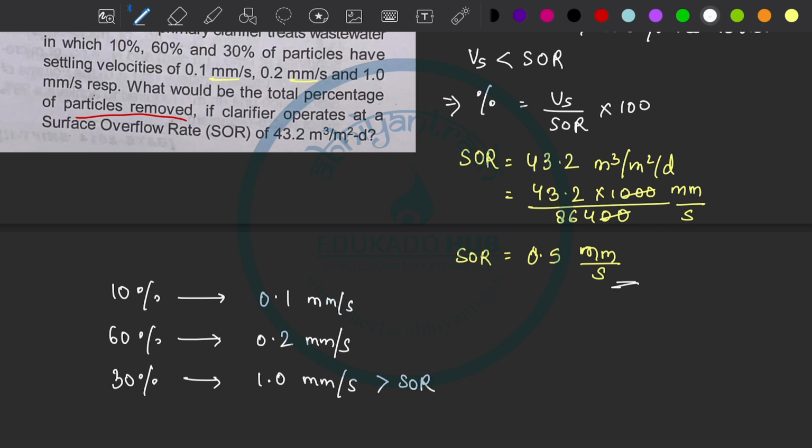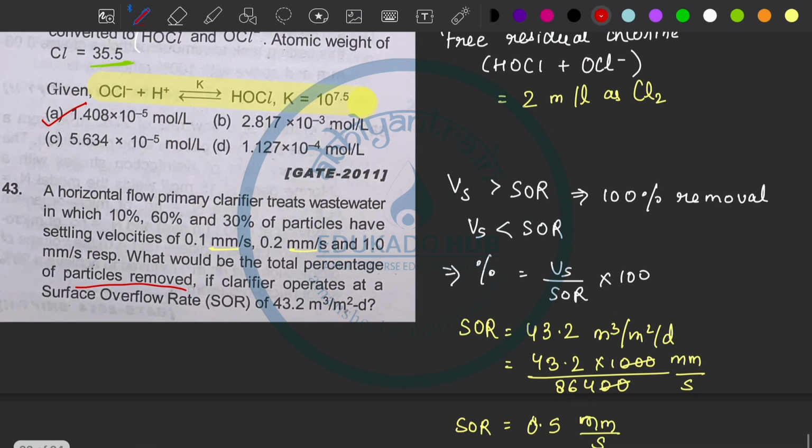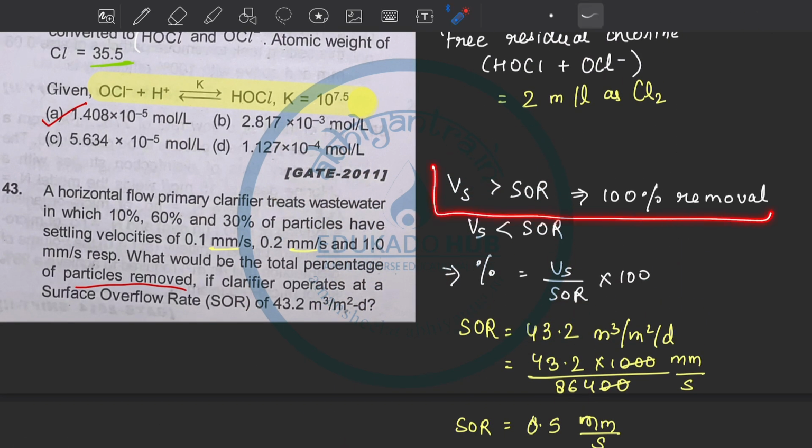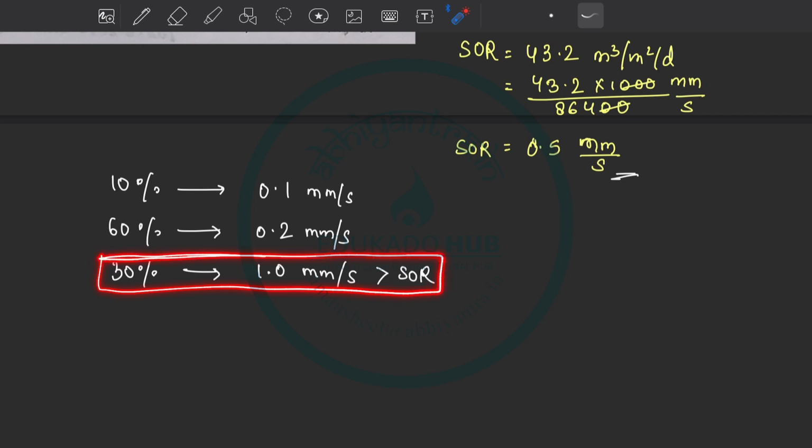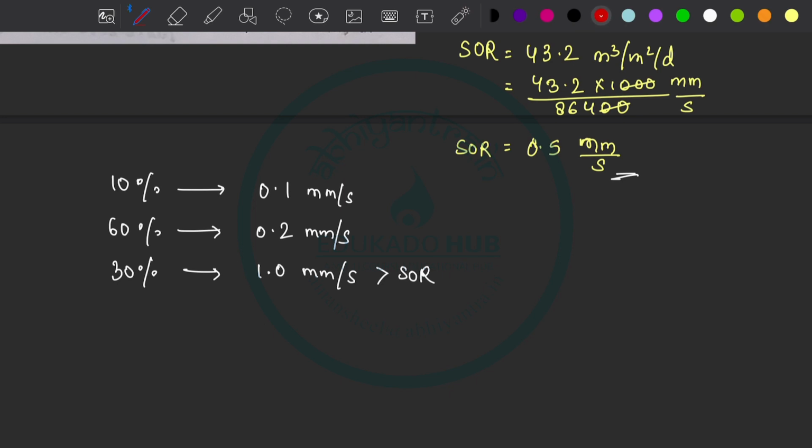So I can say, just now I have seen that if settling velocity is greater than surface overflow rate, 100% removal will be there, right? So the 30% particles which have velocity greater than surface overflow rate definitely will be removed 100%.